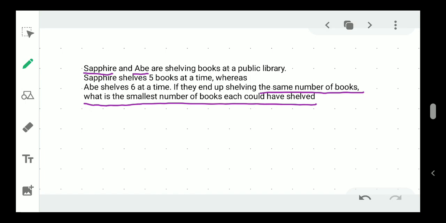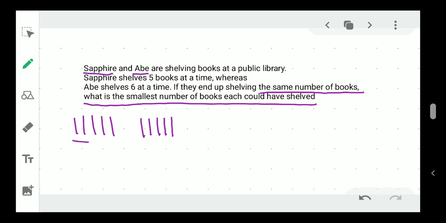See, Sapphire sells books at a time, so the first time she will do 1, 2, 3, 4, 5, then 1, 2, 3, 4, 5. So first 5, then in total she will do 10. I'm talking about the total one.